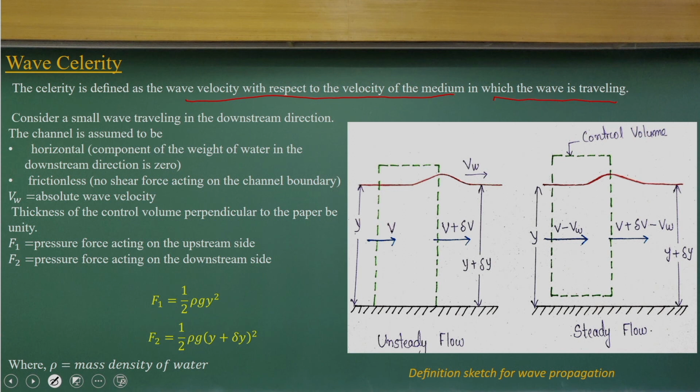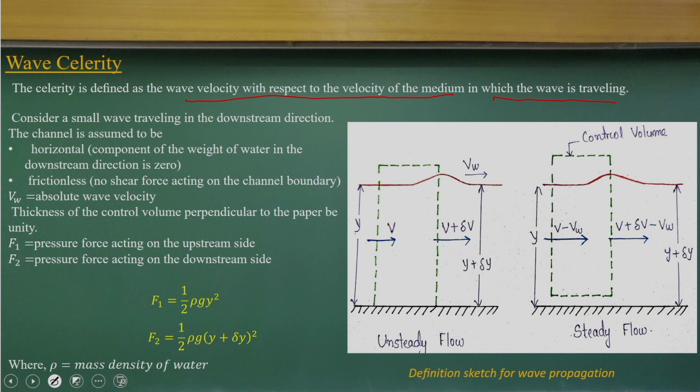Again, I am just repeating: celerity means the wave velocity with respect to the velocity of the medium. We create a wave and try to find out the wave velocity; the velocity of the medium is the flow in which the wave is traveling.